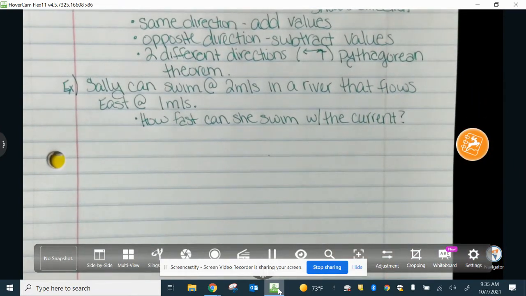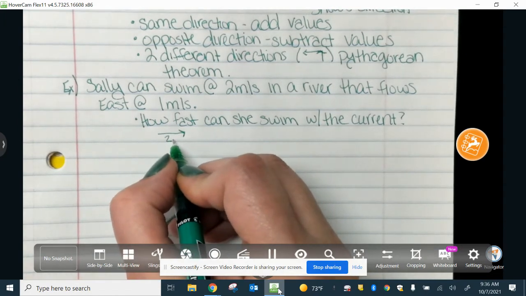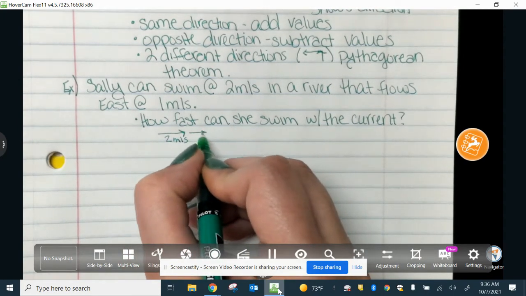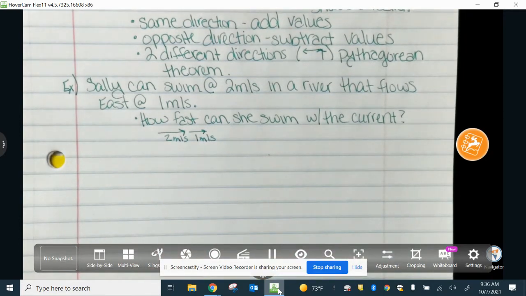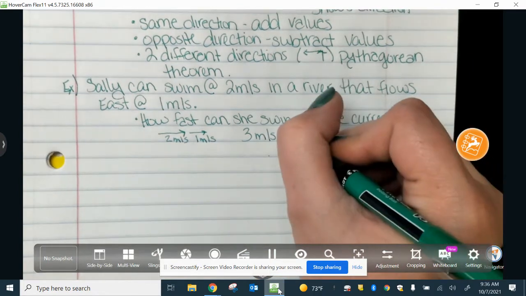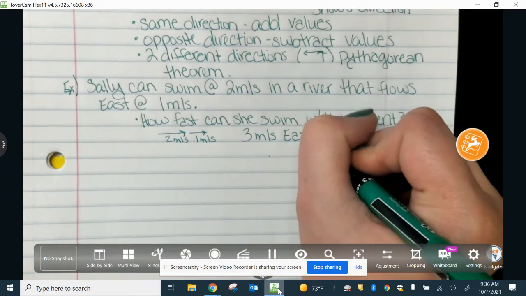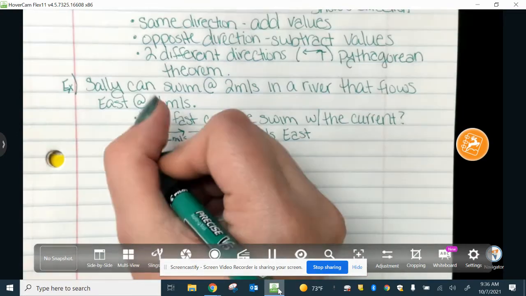How fast can she swim with the current? So in the same direction of the current. Since she's going with the current, they're going in the same direction. So you would add them. So 2 plus 1 is 3 meters per second east in that particular river.